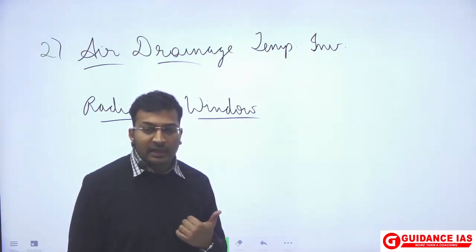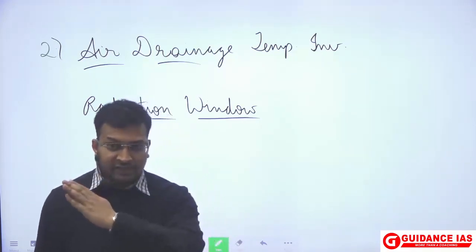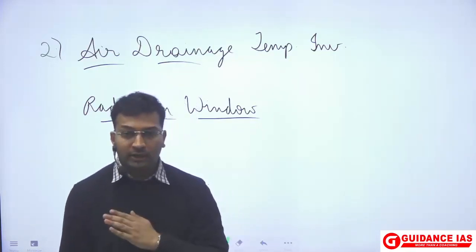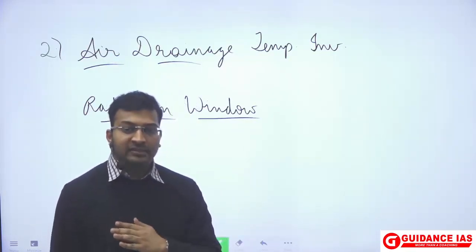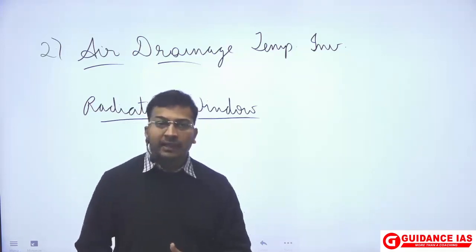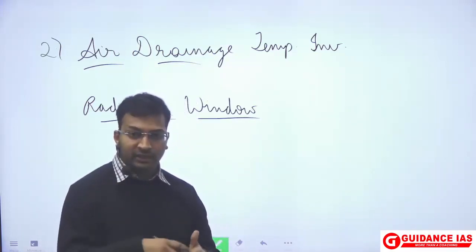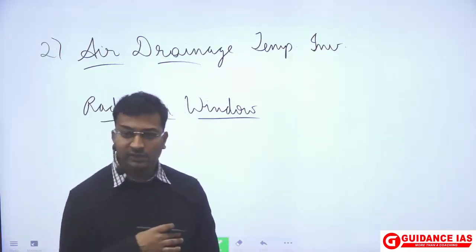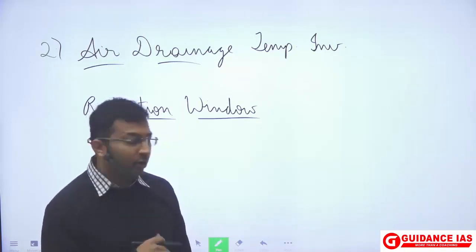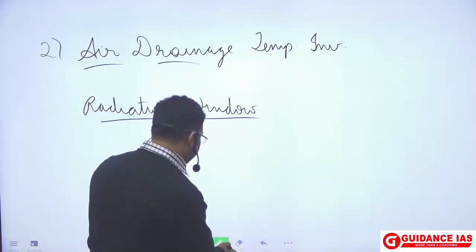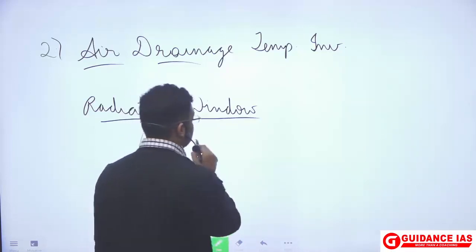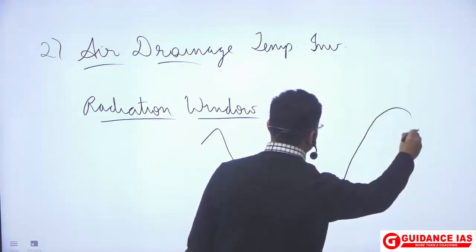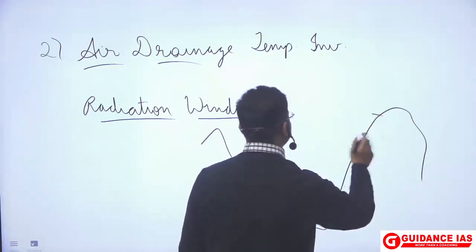As a result, the air masses present at the mountain tops become cold, dense, heavy. As they become dense, cold, heavy, they begin to drain, they begin to sink along the mountain surfaces. They move along the mountain surfaces towards the valley bottom. These are the mountain tops.